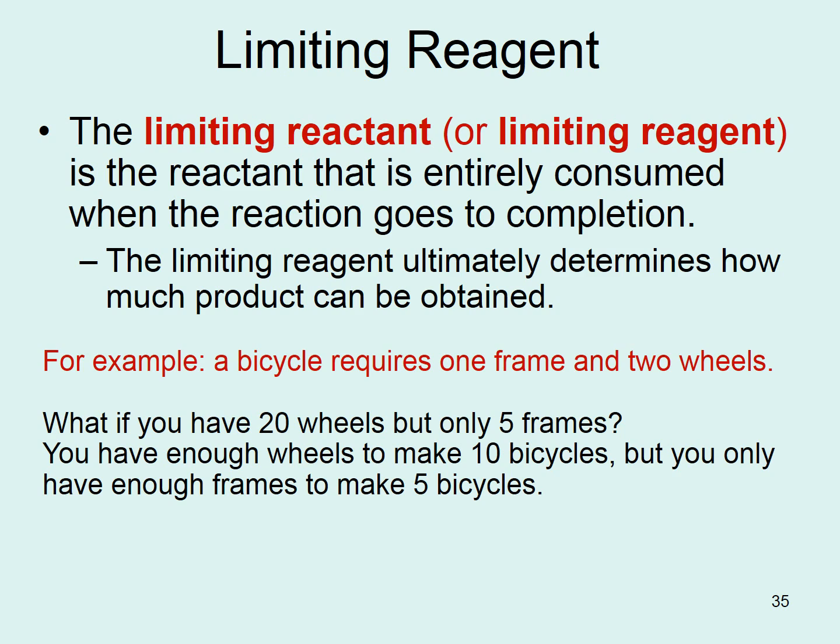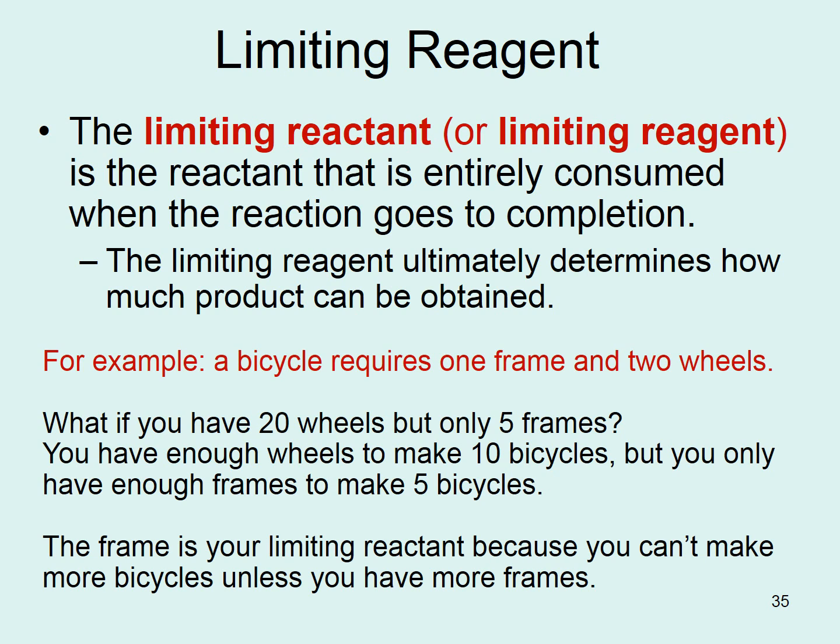But really try to think back to this example when you're doing the chemical reaction, and it applies because you're going to use up one, the other will be left over. Okay, so in this case, the frames are your limiting reactant because you can't make more bicycles unless you have more frames. So you're going to have excess wheels, and you're going to make 5 bikes. Again, keep this in mind when we talk about it later.